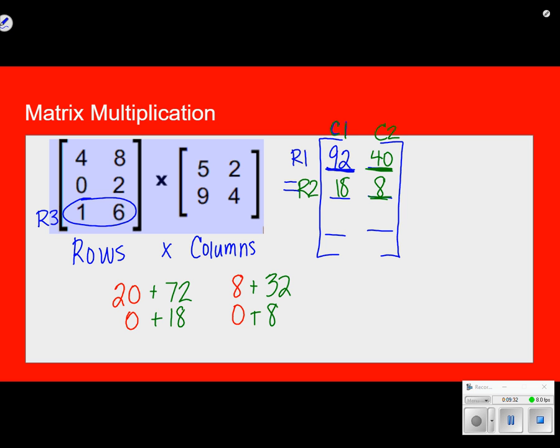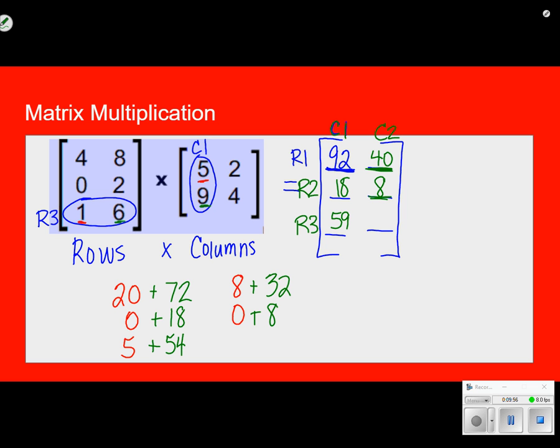All right, so we're going to do row 3, column 1. We're going to do 1 times 5 and get 5. And then we're going to do 6 times 9. 6 times 9 is 54. 54 plus 5 is 59. That goes in row 3, column 1.